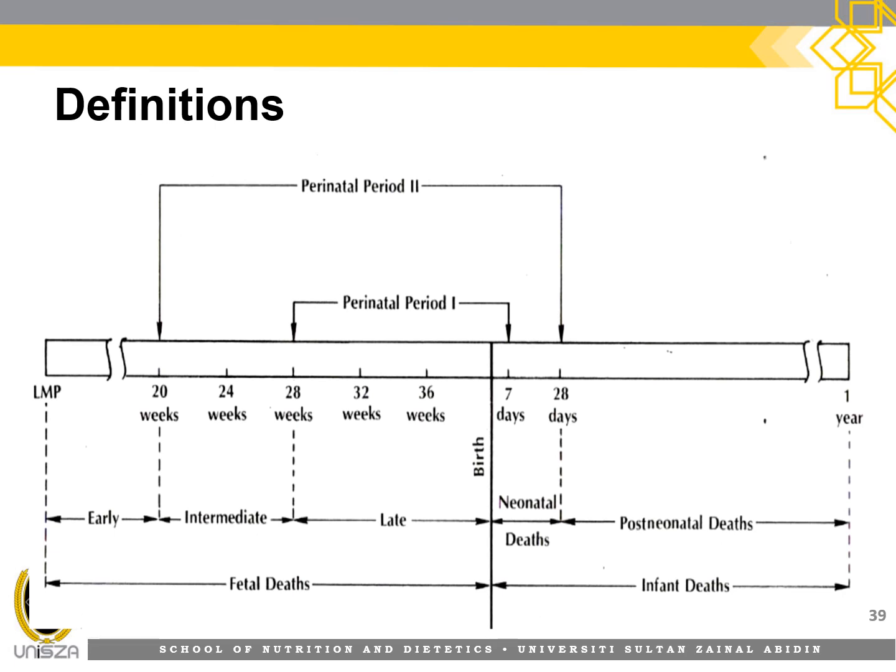Neonatal death is any death after the birth but less than 28 days after birth. And post-neonatal death is 28 days after birth up to 1 year. We also have perinatal period 1 and period 2, which you can refer to in this figure.